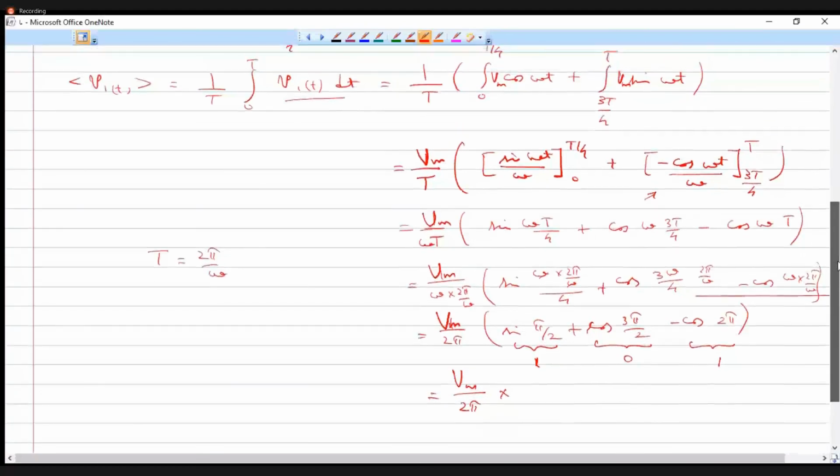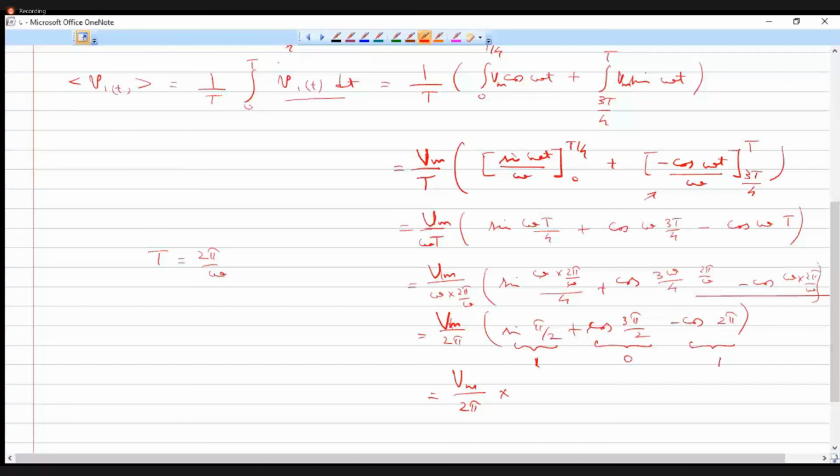Sir, applying the limit, which is 0, for the sine omega t, I think we didn't take it. Sine 0 is 0, right? So I didn't take it.